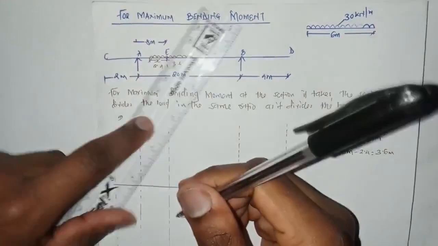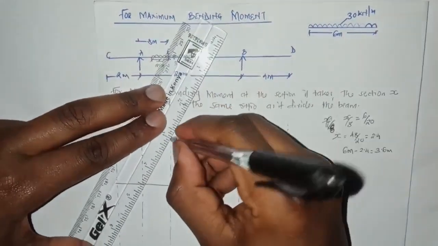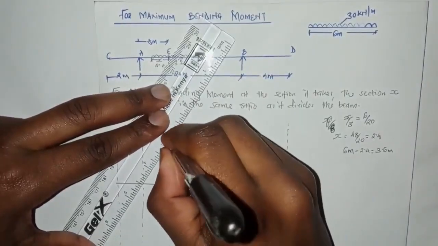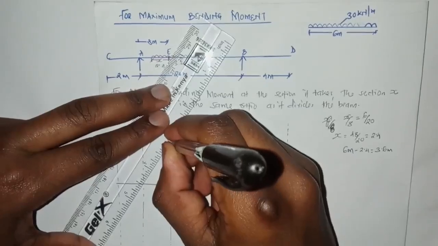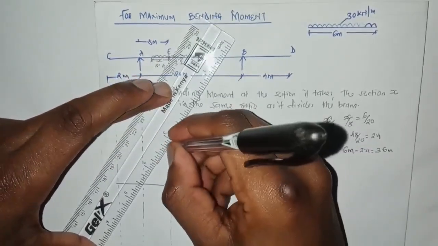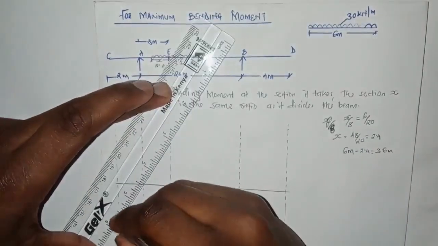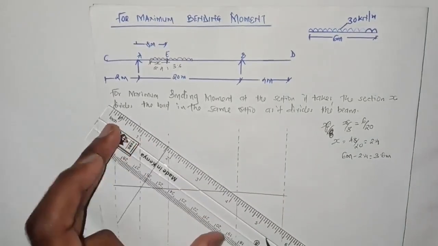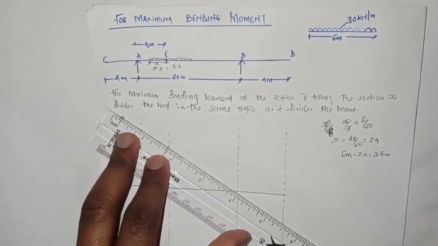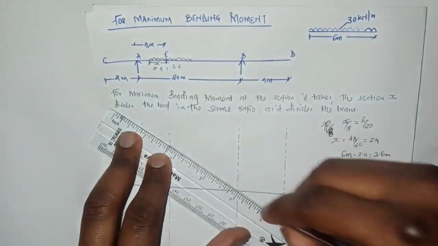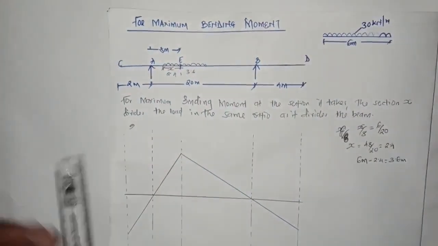So our bending moment will be a triangle from there, from this point to that point.